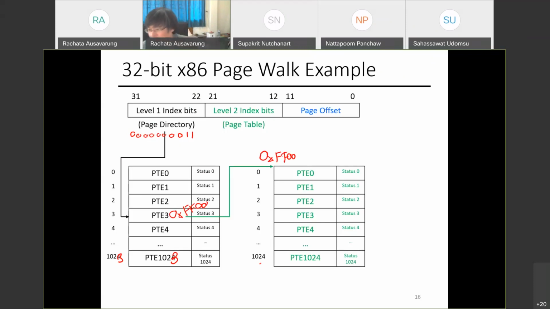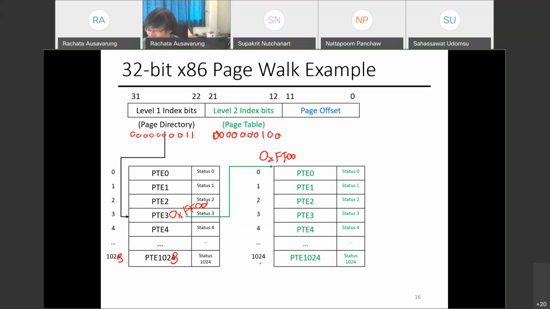All right. So if my level 2 index bits are 0, 0, 0, 0, 1, 0, 0, which of these entries am I pointing at? PTE4, right?